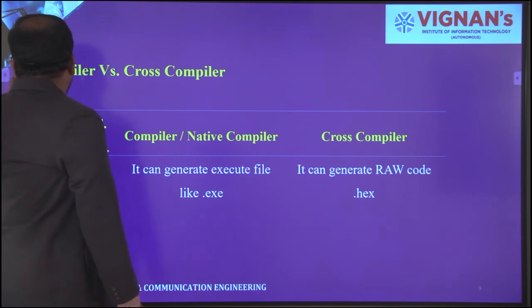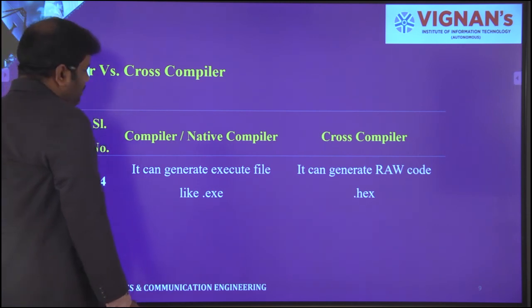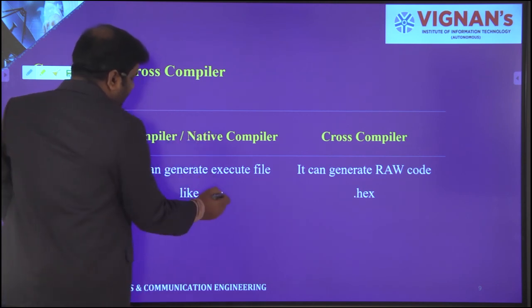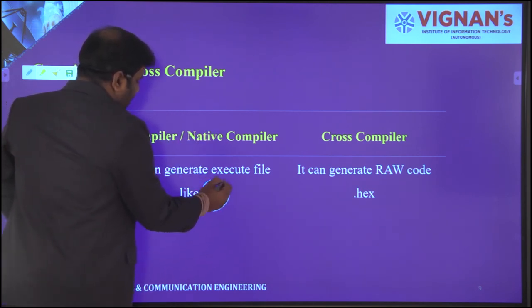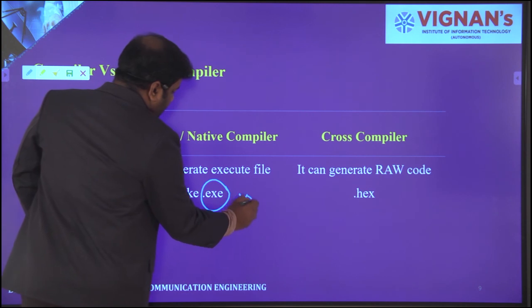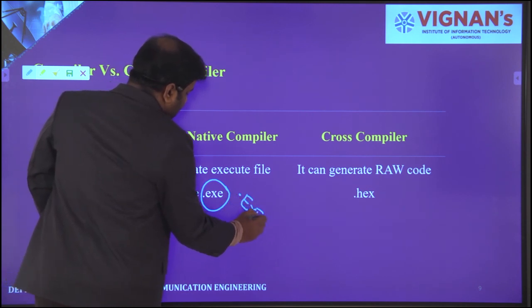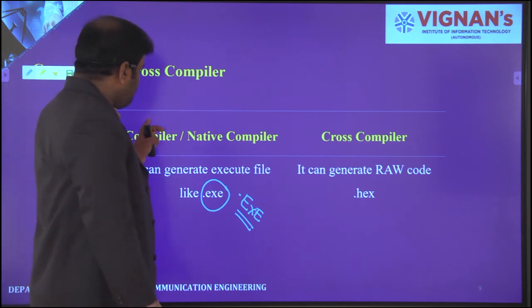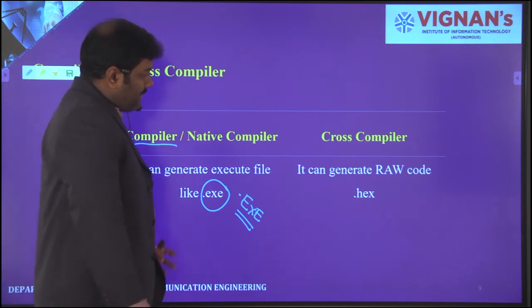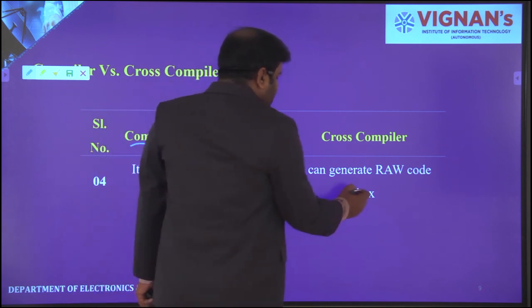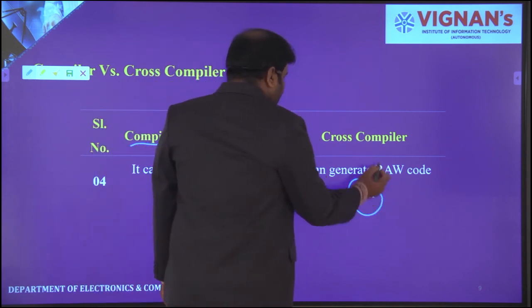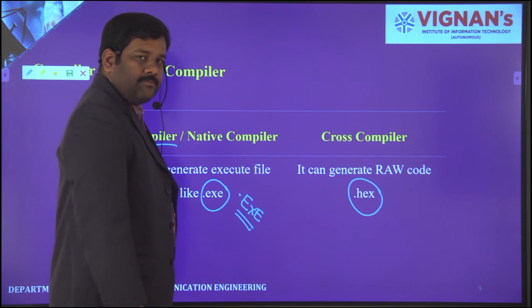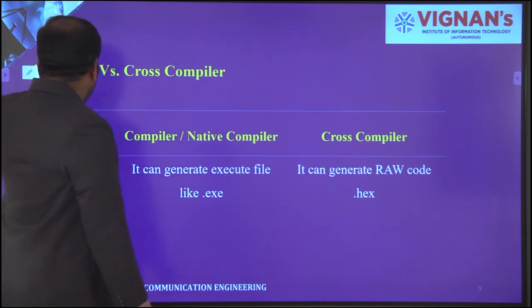Whenever you write any program in C language, the corresponding output file will be in .exe. A .exe is nothing but an executable file, which can be used only with compilers. But if it is a cross compiler, whichever code it may be, the output will be available in .hex. That will be stored in cross compilers.